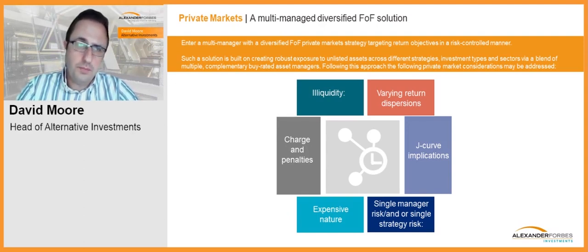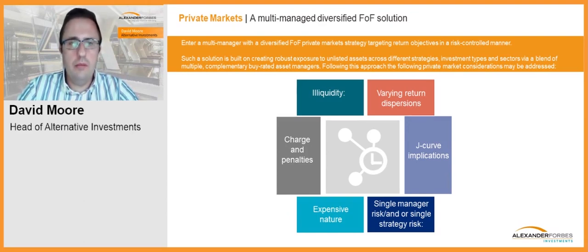You can also, through blending strategies and creating size and scale in a program in the multi-managed fashion, reduce the charges and penalties associated with the asset category through brokering better fee arrangements and thus driving down the impact of any J-curve through lower fees and focusing on deployment.